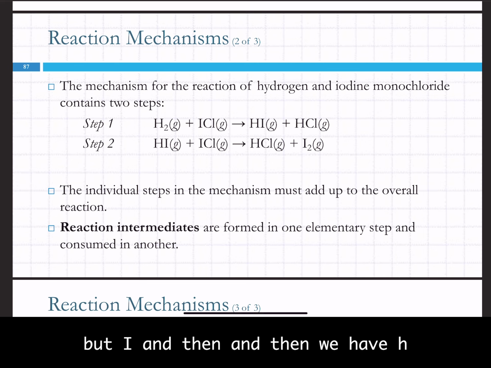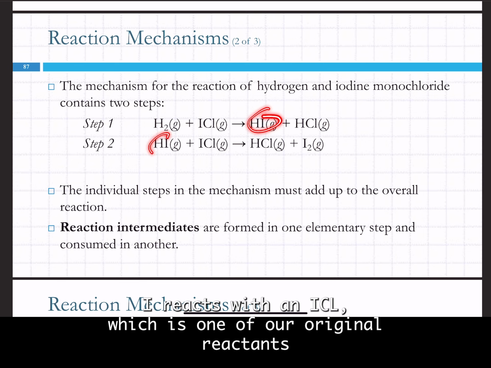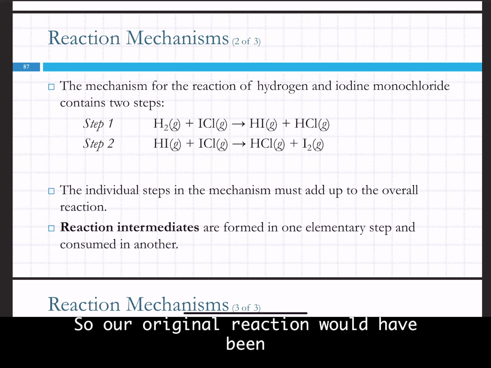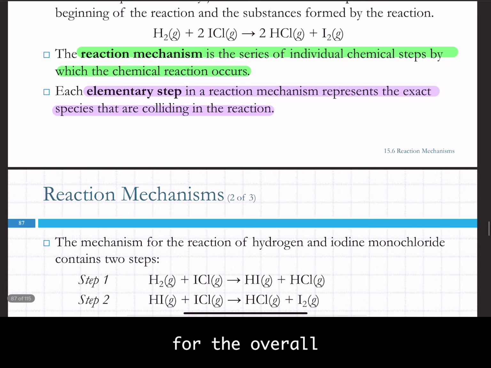But HI, and then we have HI reacts with an ICl, which is one of our original reactants, to form HCl and I2, giving us the final products. So our original reaction would have been, for the overall, H2 plus 2ICl gives us 2HCl plus I2.